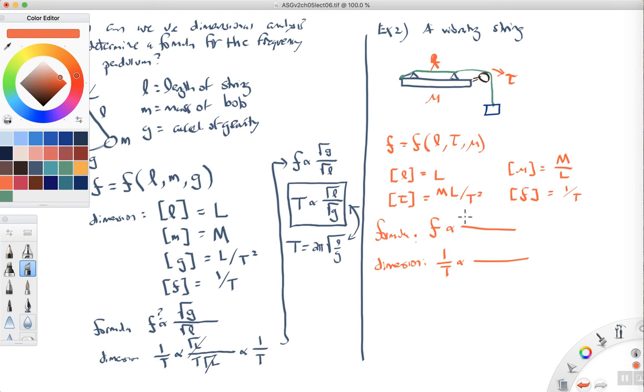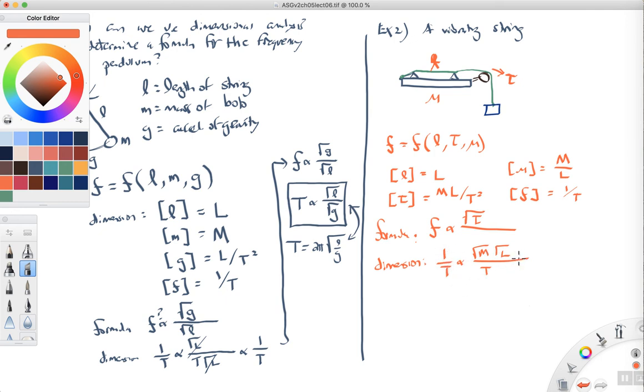So if we put a square root of tension in the numerator, that will give us a square root of mass and a square root of length and a time in the denominator. Now, we can't have these appearing on the right-hand side because that would give us the wrong dimension on the left-hand side.